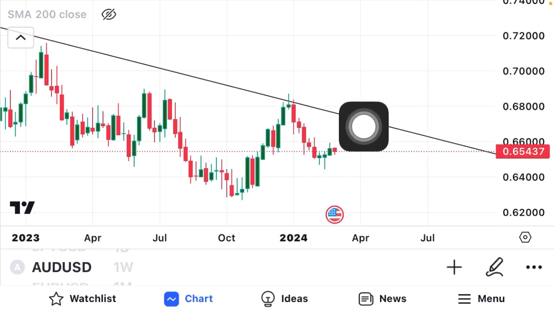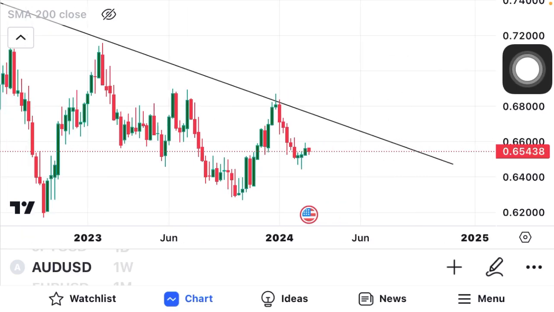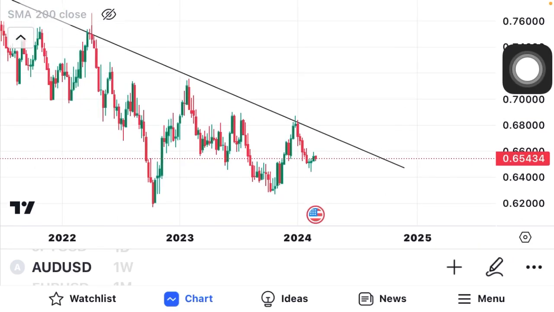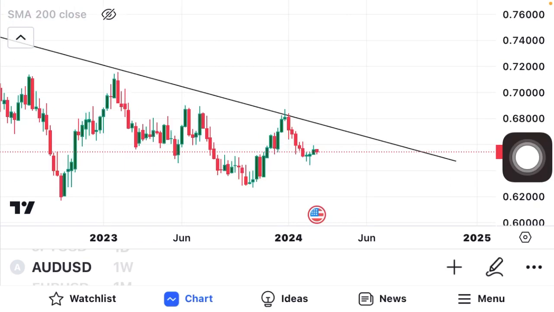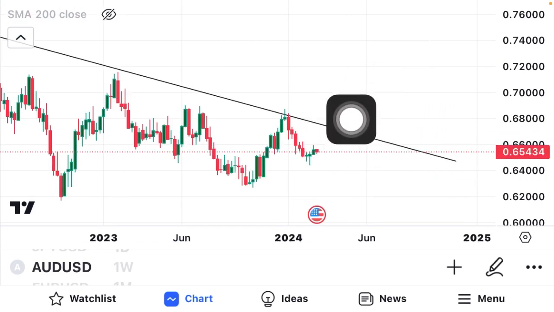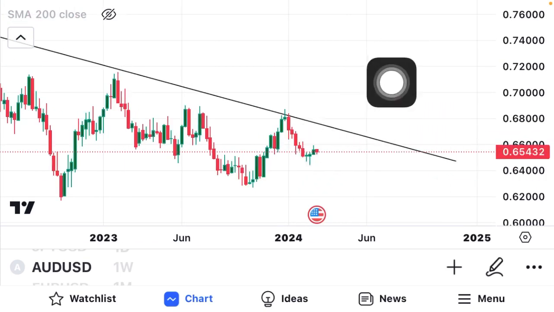If the market comes to this trend line that is acting as a resistance and breaks it, that means the downtrend is over. Okay, because it's a downtrend market. You remember when I started this video, I mentioned it. So it is over. So you start looking for buying opportunities. If this candlestick breaks this zone, okay, you start looking for buying opportunities.